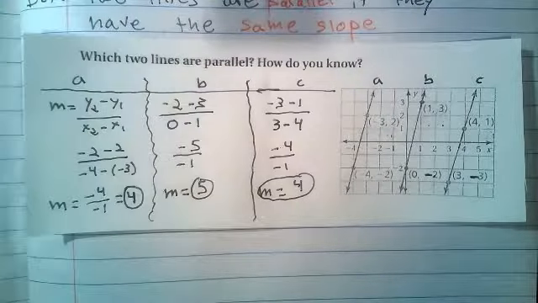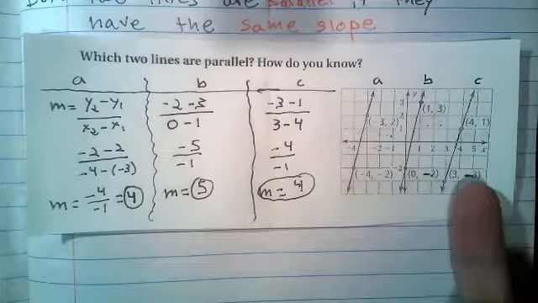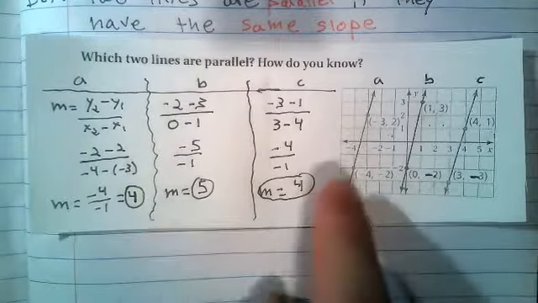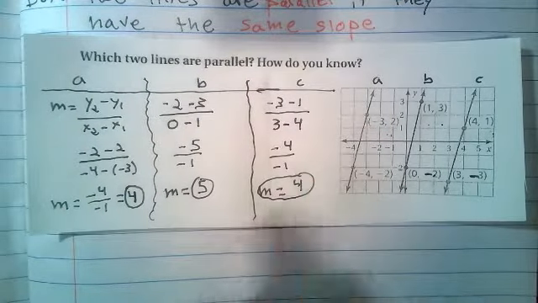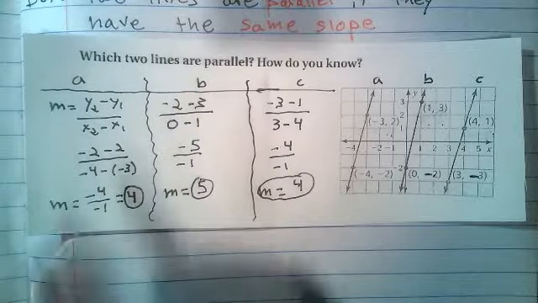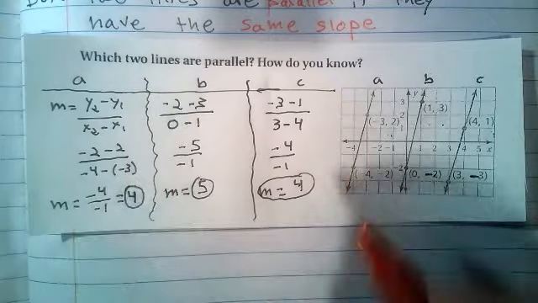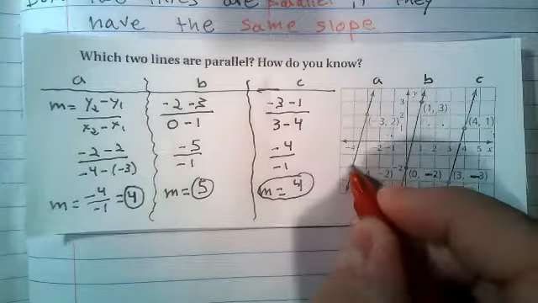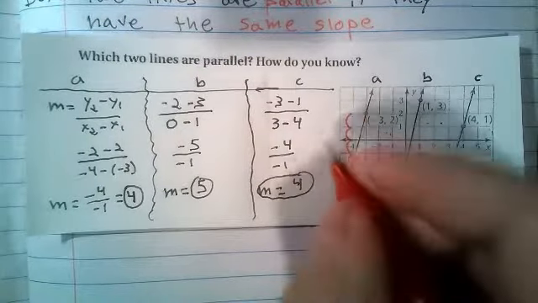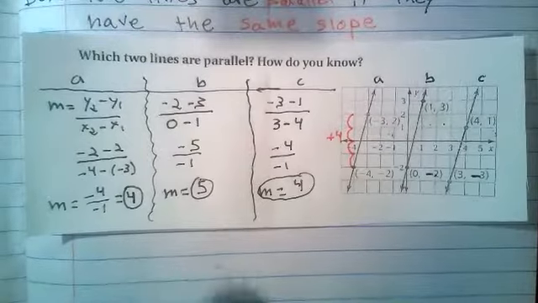Now, some of you might be wondering, well, I have these graphs here, and yes, I have the points, and yes, I can use my formula, but wouldn't it be easier to just count? And the answer is yes, it would absolutely be easier to count. The reason I did it this way is so you get more practice with using the slope formula. But if we count up 1, up 2, up 3, up 4, right when we go up, it's a positive direction, 4.